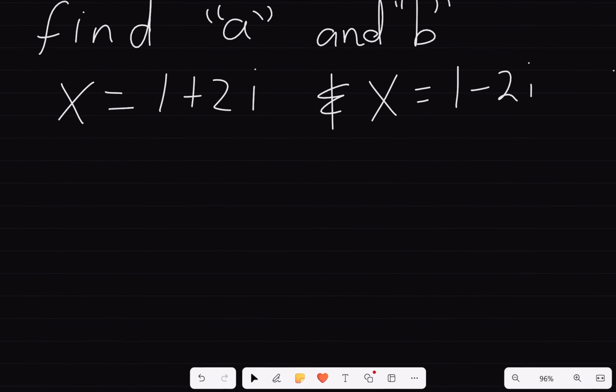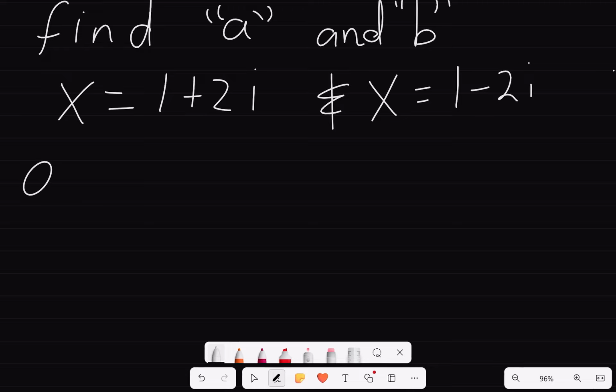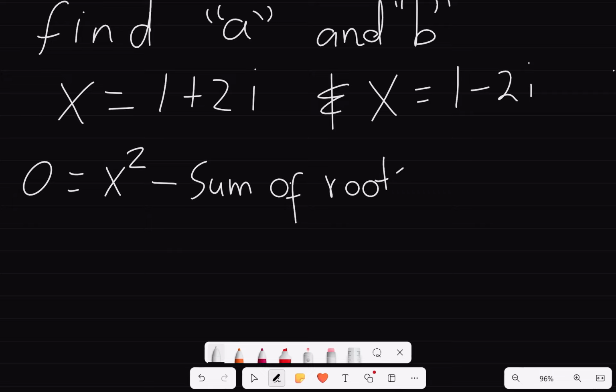Now there's this important formula that you need to know, that a quadratic with given zeros can be represented this way. We can say x squared, then minus the sum of roots times x, and then plus the product of roots.